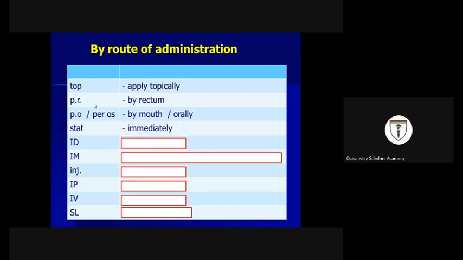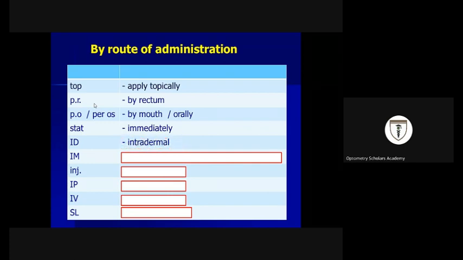For some drugs, especially injections, we don't administer injections, but you can write a prescription for the patient to visit a nurse who will administer it. So when you write STAT, it means this drug should be administered immediately.